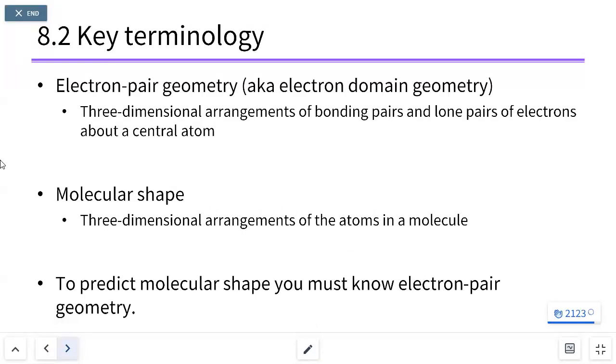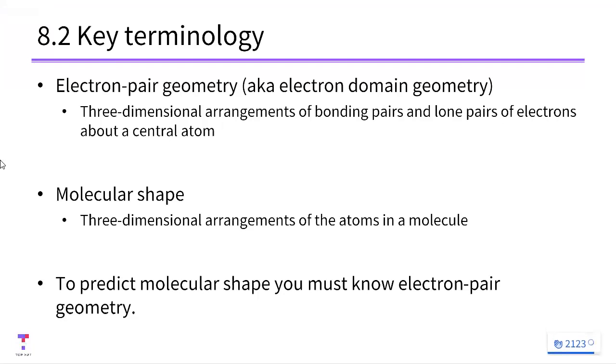Before we can get to VSEPR, though, we've got to knock out some key terms. First term, electron pair geometry, sometimes known as the electron domain geometry, or just simply the domain geometry. In an electron pair geometry, we are looking at the center atom of our molecule and how many electron groups are around it.